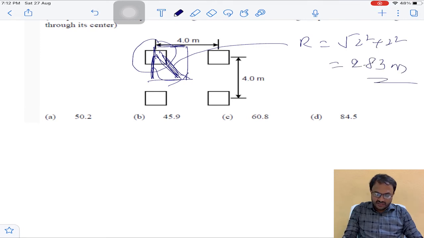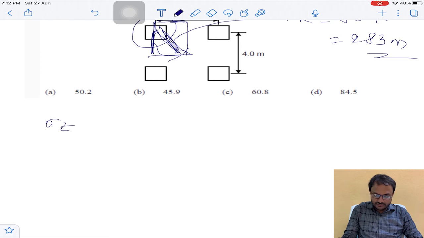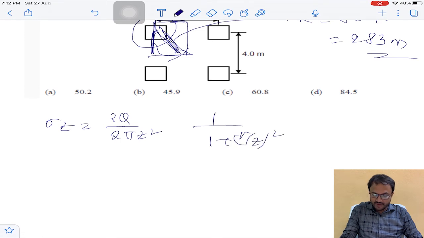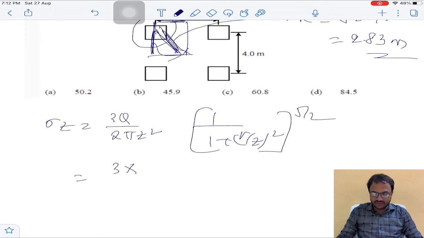Clear? So sigma z is equal to 3Q by 2 pi z square, into 1 by 1 plus (R by z) whole square, whole power 5 by 2. Now we need to substitute the Q value. He has given the loaded intensity as 300 kilonewton per meter square and the area of footing as 1.8 square, so you will get 972 kilonewton.